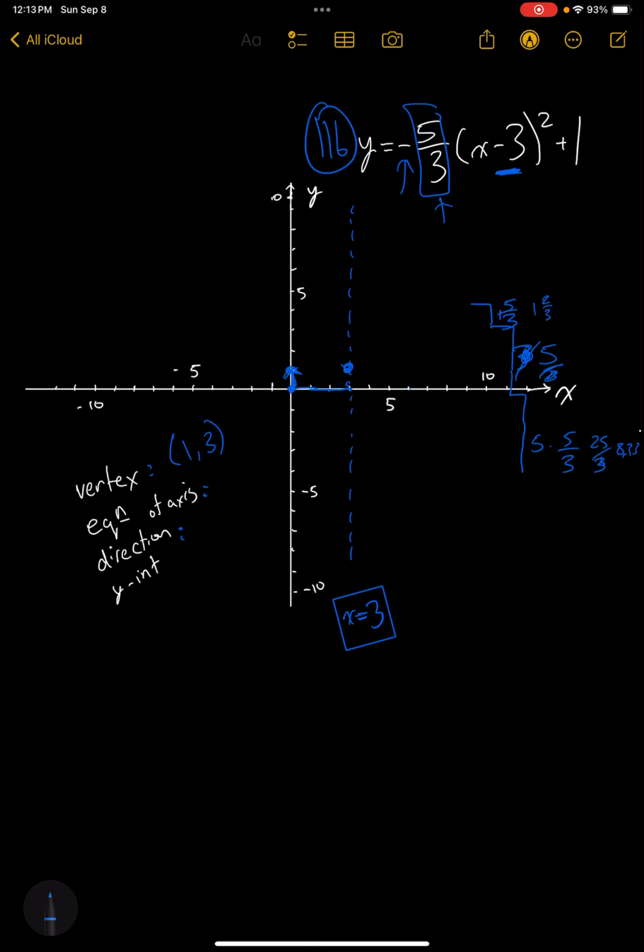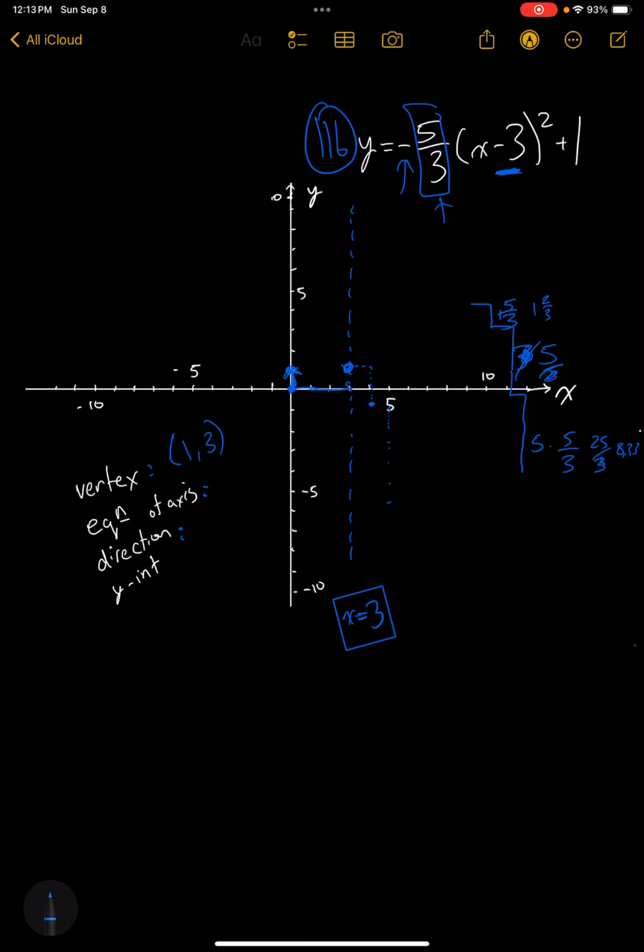Okay, so look at this. We're going to go step 1 to the side, down 1 and almost a second 1. And then this one's going to go 1 to the side, 5 downwards, 1, 2, 3, 4, 5.